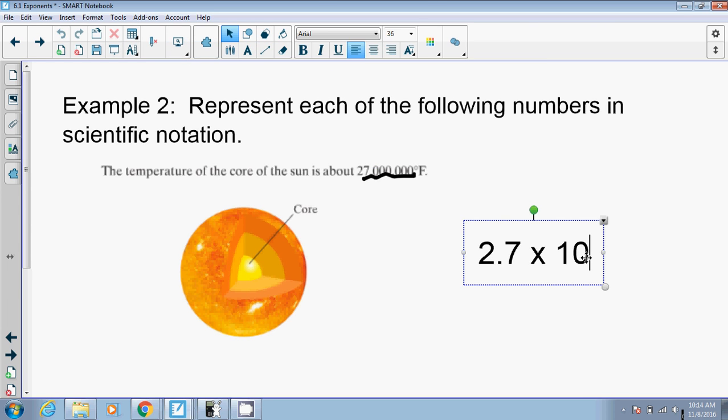So my exponent on the 10 will be 7. And remember, it's a positive 7 because this is a large number. So I'm able to say the temperature of the core of the sun is about 2.7 times 10 to the 7th degrees Fahrenheit.